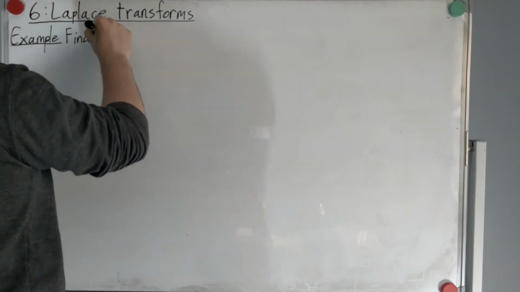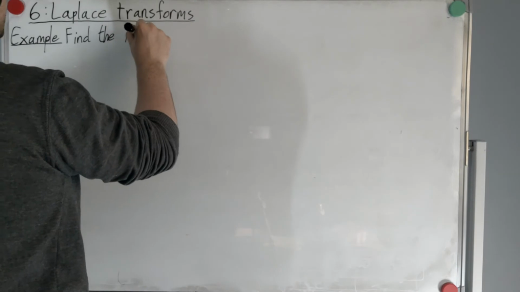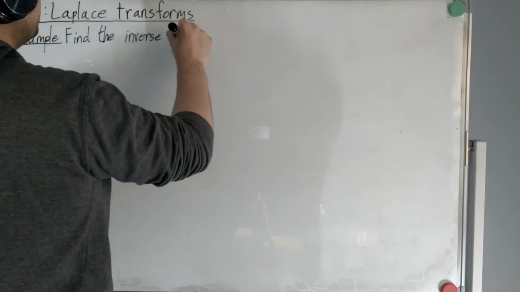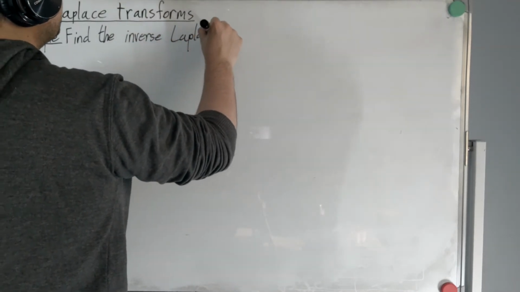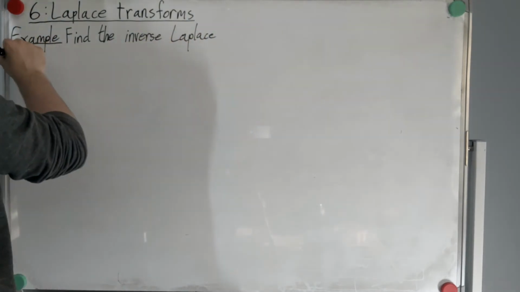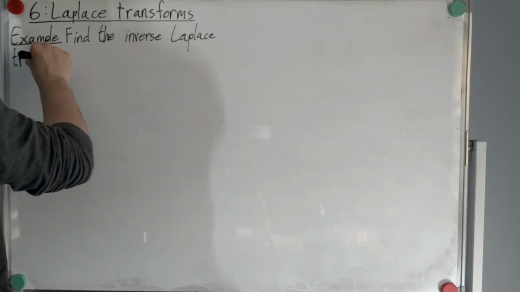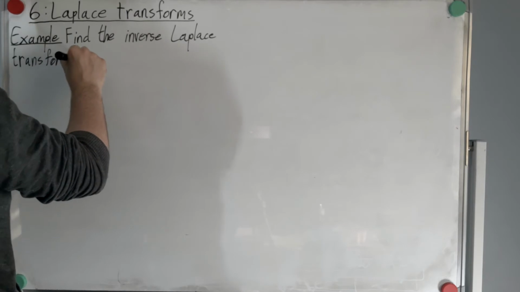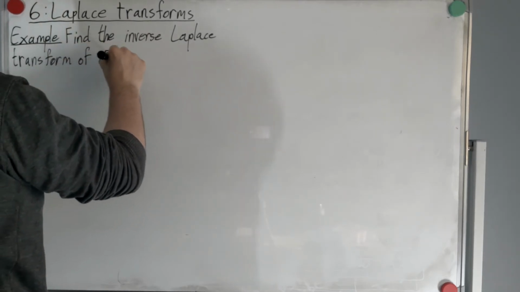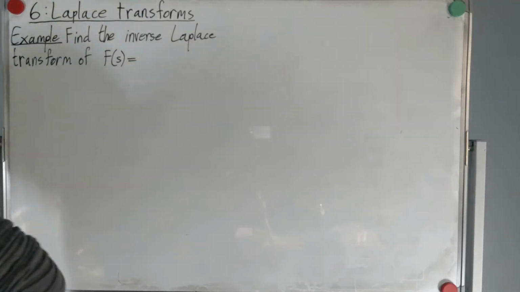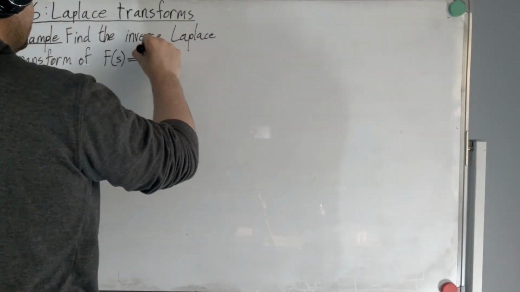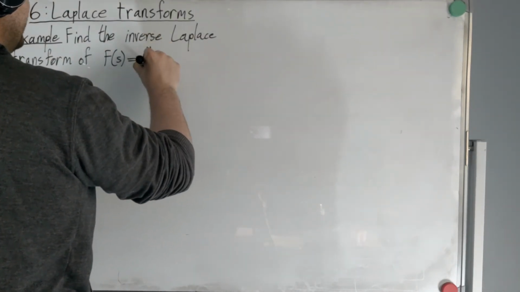Find the inverse Laplace transform of F of s equals 4 over s squared minus 9.